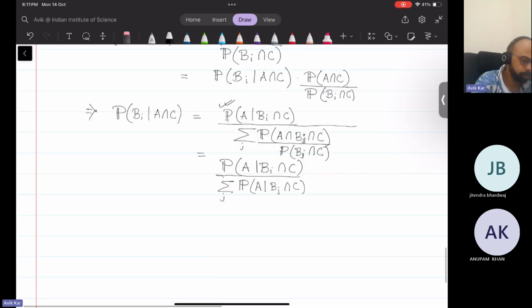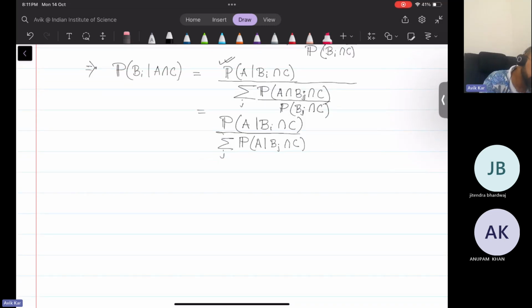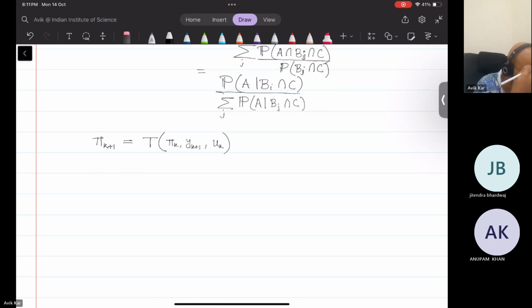Okay, now the benefit we get out of it is we can now consider this pi_{k+1} as a function of pi_k and U_k. So see that Y_{k+1} depends on X_{k+1} and U_k, right?